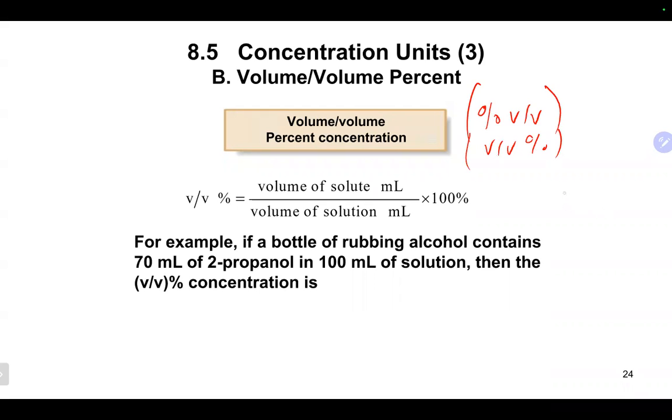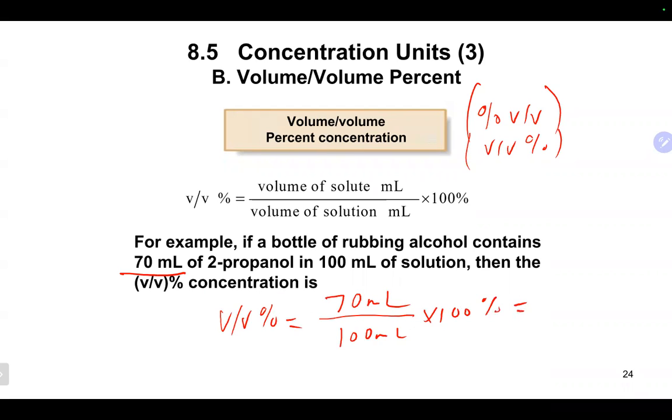In this case, if a bottle of rubbing alcohol contains 70 milliliters of 2-propanol in 100 milliliters of solution, then the volume to volume percent would be our solute volume, which is the smaller, the 70 milliliters, and our larger part, the 100 milliliters, times 100%.